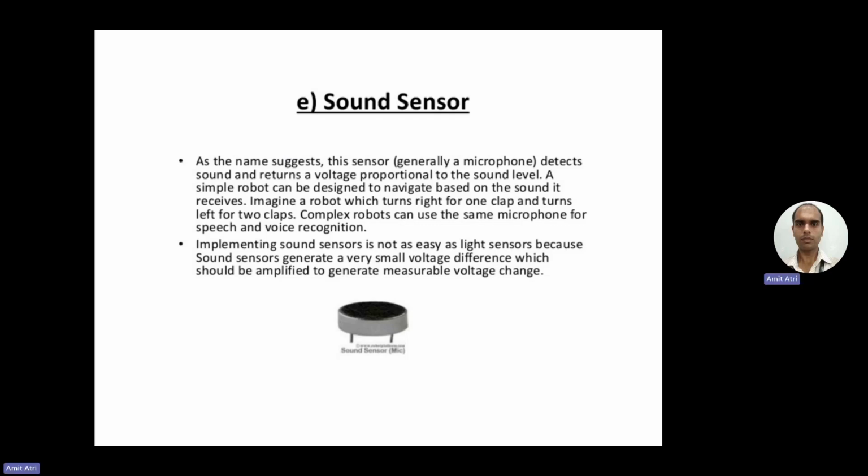Imagine a robot which turns right for one clap and turns left for two claps. Complex robots can use the same microphone for speech and voice recognition. Now, implementing sound sensors is not as easy as light sensors, because sound sensors generate a very small voltage difference which should be amplified to generate a measurable voltage change.